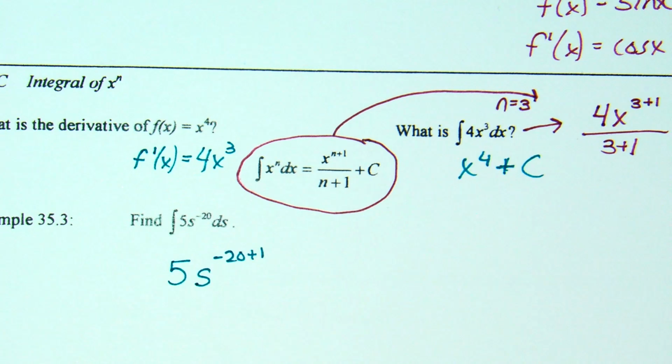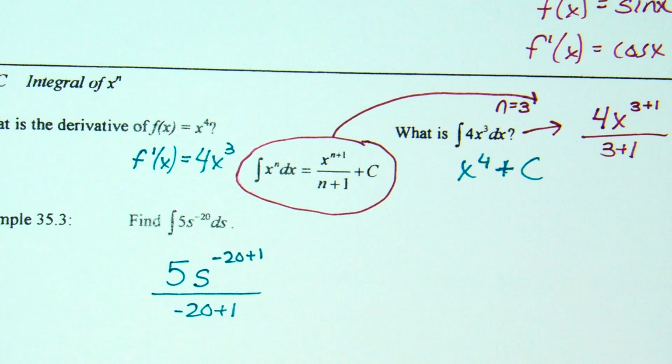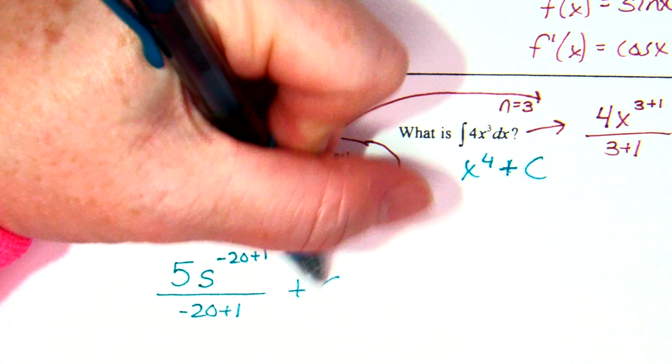I won't normally do this. This is my making sure I don't lose anyone, right? And then what else do I have to do besides add 1 to the power? Yeah, divide by whatever that negative 20 plus 1 is. And of course, don't forget, plus c anytime you do those integrals.